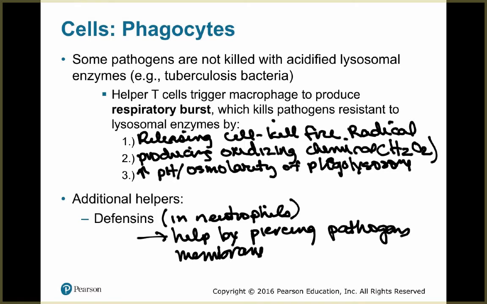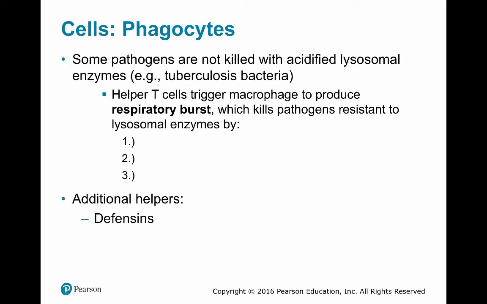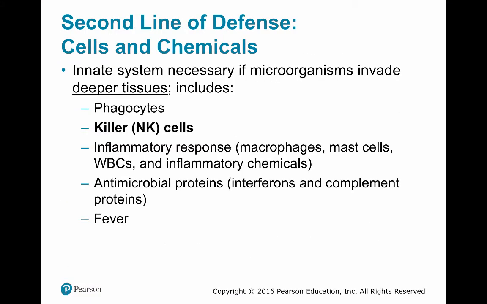So these are some alternatives that can happen if making that phagolysosome and having the acid hydrolase that's in the lysosomes, if it's not there ready or doesn't work. So now let's go to the killer cells, the natural killer cells.